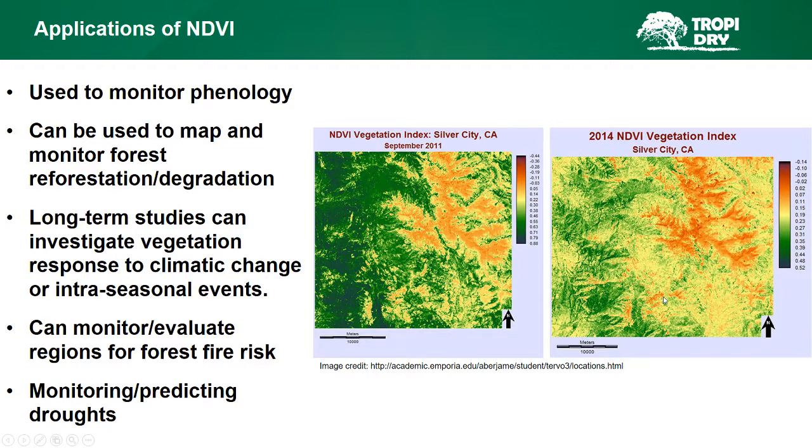So it's really helpful as even a drought index. It helps monitor forest reforestation or degradation. And the long-term studies that we can get from these satellite images can actually help us understand how vegetation is responding to climatic change or intraseasonal events, such as forest fires, periodic droughts, or hurricanes even.